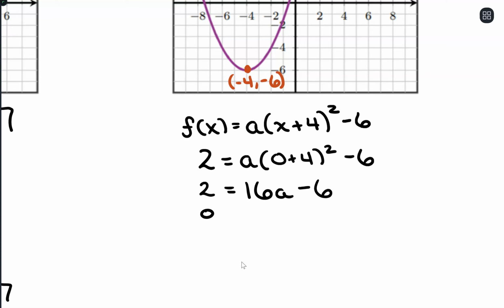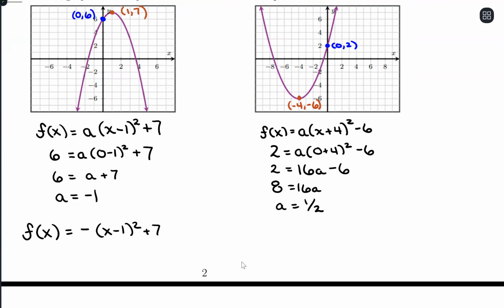Add 6 to both sides, that is 8 equals 16a. Divide by 16, and that's going to be that a is a positive 1/2, which makes sense with that parabola opening upwards. So f of x equals positive 1/2 times (x plus 4) squared minus 6.